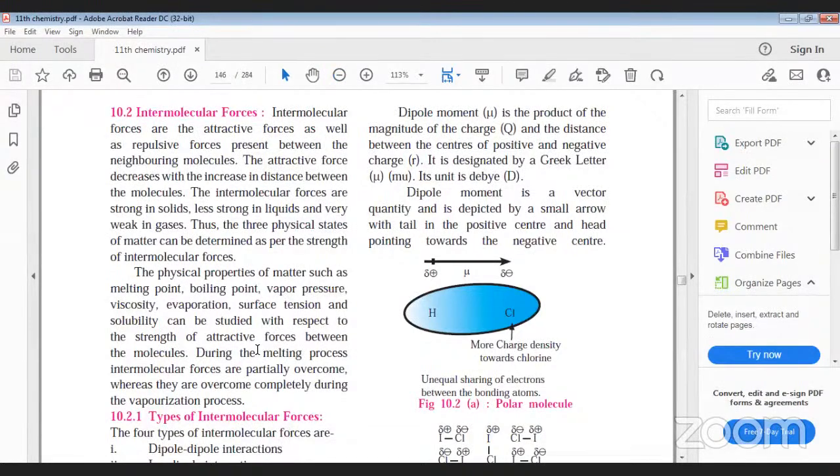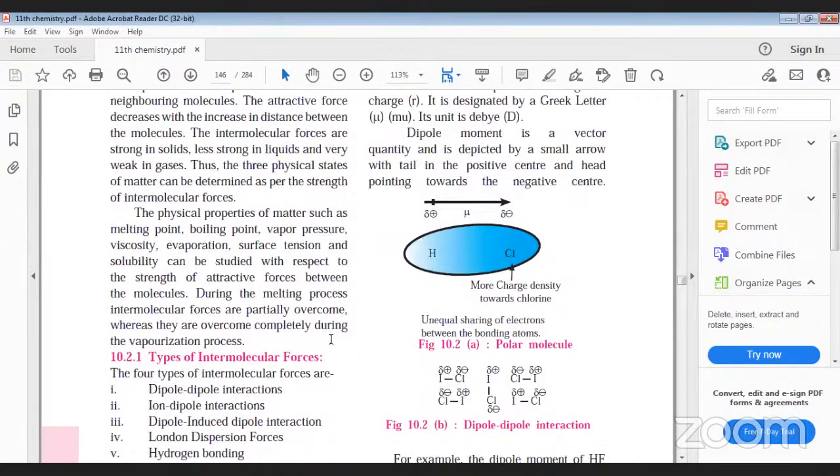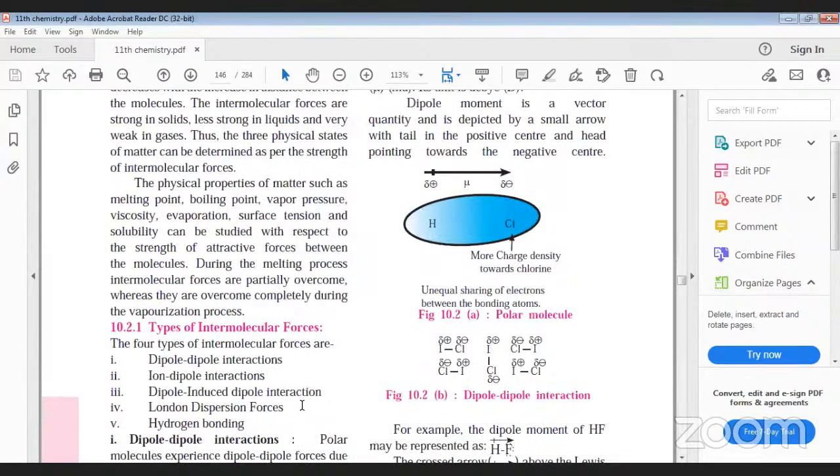I have just given an example of melting. Like that, other physical properties also depend upon the intermolecular forces. Now, students, we are going to study different types of intermolecular forces. This is very important; it is the basis of your further studies. There are five types: first is dipole-dipole interaction, second is ion-dipole interaction, then dipole-induced dipole interaction, fourth is London dispersion force, and last but not the least, hydrogen bonding.